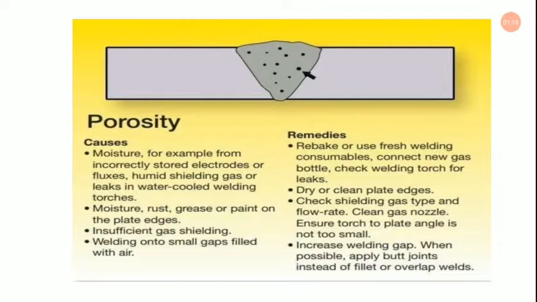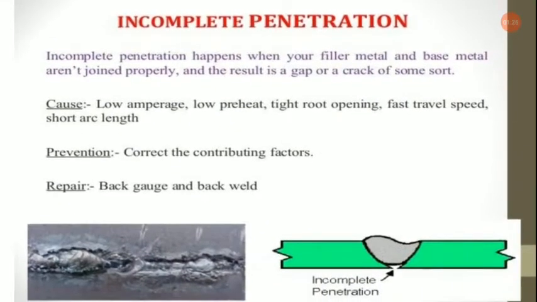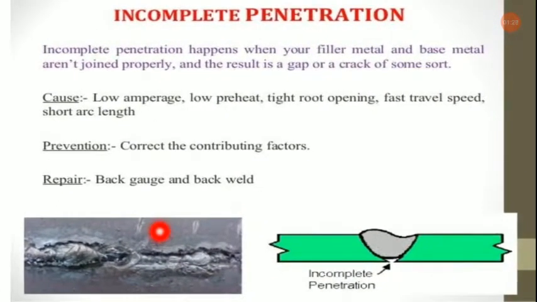Now, let us begin with incomplete penetration. Incomplete penetration looks like this. This is the schematic diagram and this is the realistic diagram. Incomplete penetration happens when your filler metal and base metal aren't joined properly, and the result is a gap or a crack of some sort.